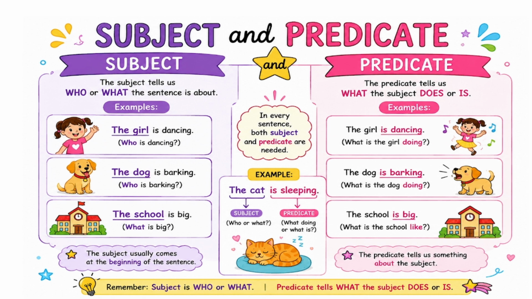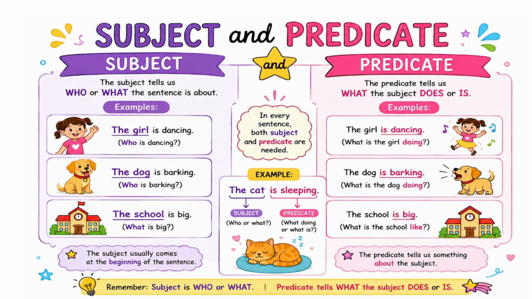The girl is dancing. Who is dancing? The girl is dancing. So the girl क्या है? Subject है. But लड़की क्या कर रही है? What is the girl doing? She is dancing. Is dancing is the predicate. तो इस sentence में the girl is subject, is dancing predicate.